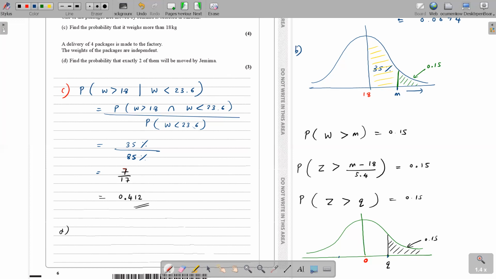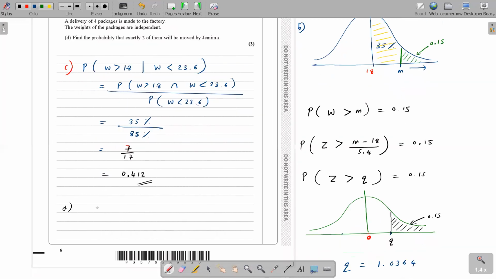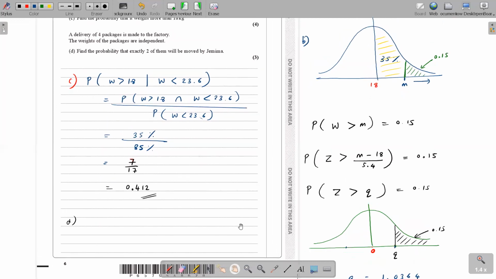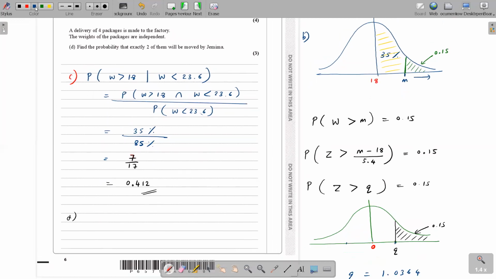So you just have to write all the paths, children. I'll just use the letter A. Letter A means it's weighing more than, it's in the top 15%.